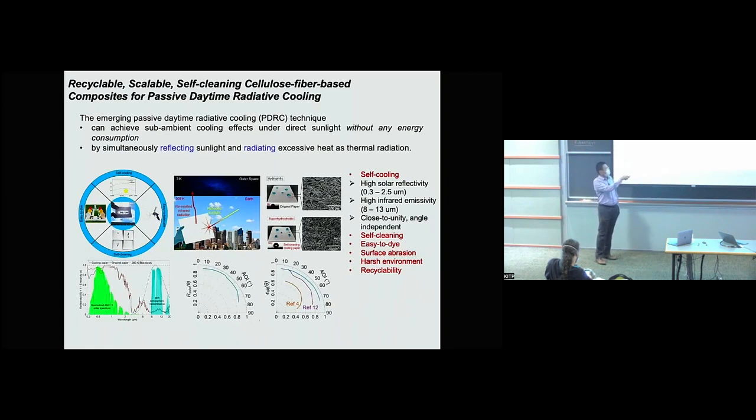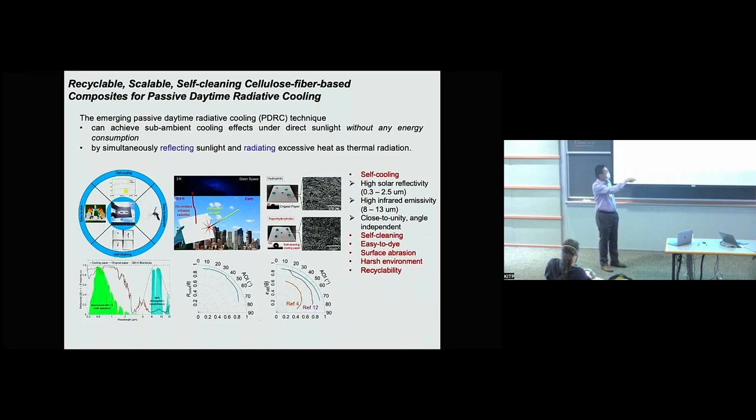And this is the measurement data about the cellulose fibers. To achieve passive cooling, the material should own a really high reflectivity between 0.3 and 2.5 microns, and high infrared emissivity between 8 and 13 microns. And hopefully this material can have a close to unity, angle independent thermal emission.